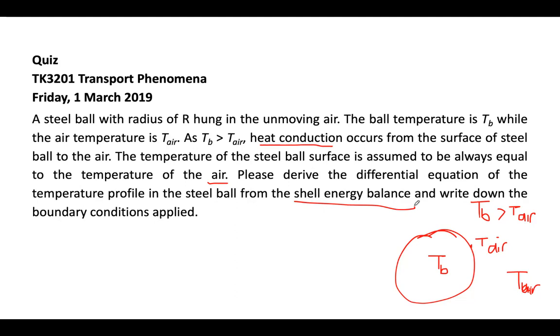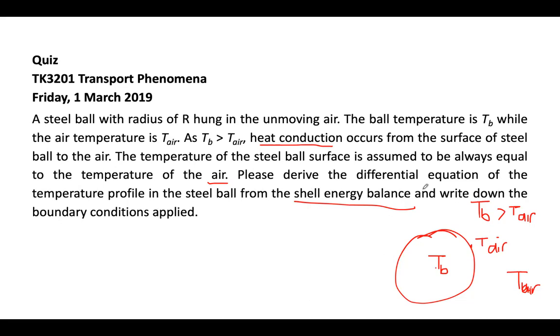There are a few ways to do this, but what we can do is make the shell balance a function of R, starting from the center and then increasing. And then we can also write the boundary condition applied.